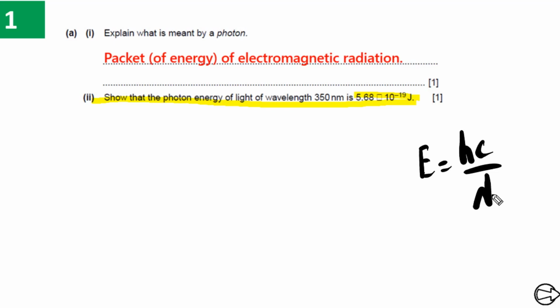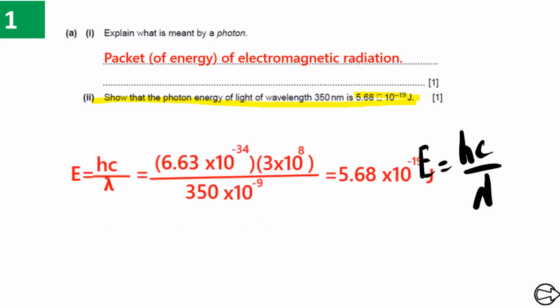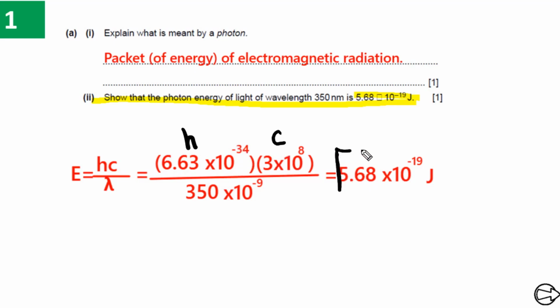And lambda is already given to us. We simply need to plug in values and we can calculate the photon energy. As you can see here, this is the value of h and this is the value of c, and we solve this and this is our final answer.